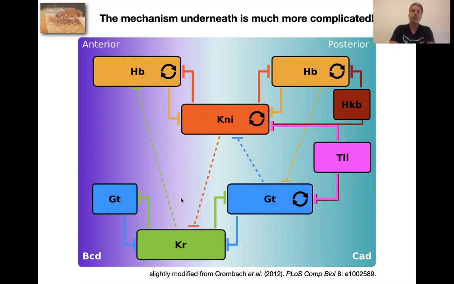The background color represents the maternal gradients, and so you have a very complicated system of activation by maternal gradients and repression by the gap genes, and we looked at this particular interaction here before. So we have a very complicated interaction network, and we need to bring these two things together.